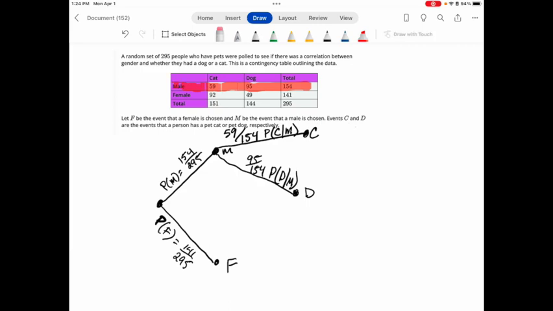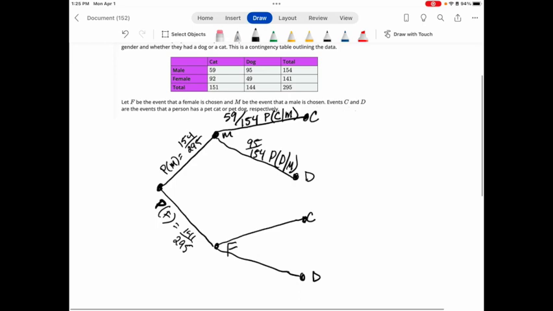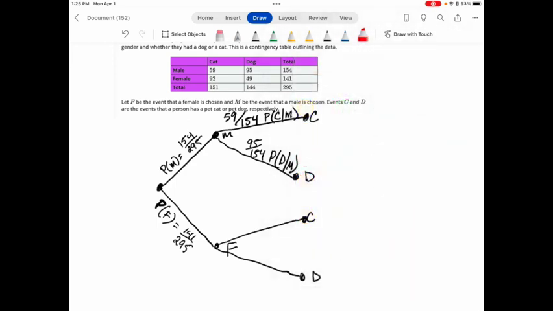Now, let's look at the second branch over here for the females. We have the same options for the females. Once we pick a female, we can pick someone that has a cat, or someone that has a dog. Because we're coming down the second branch, my assumption is that I've already picked someone female.